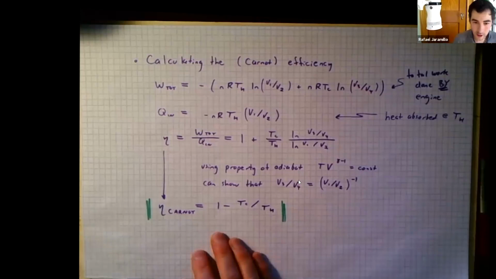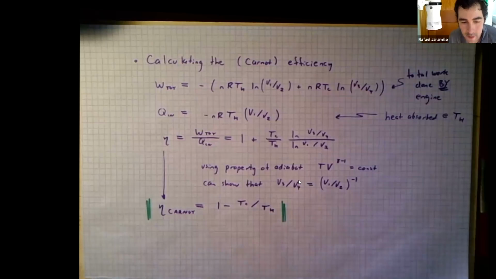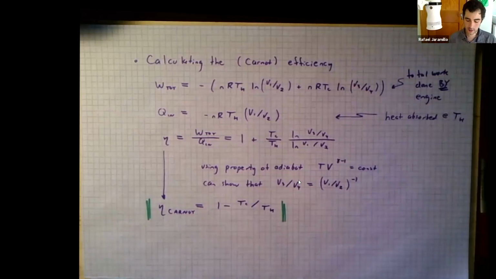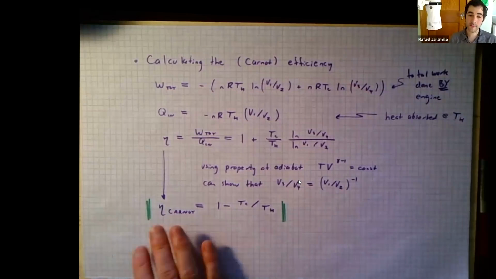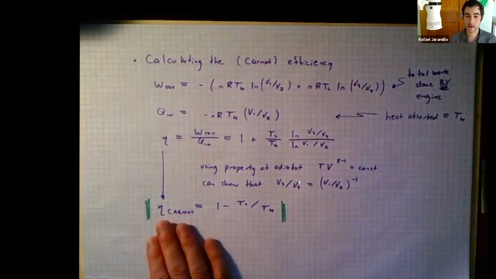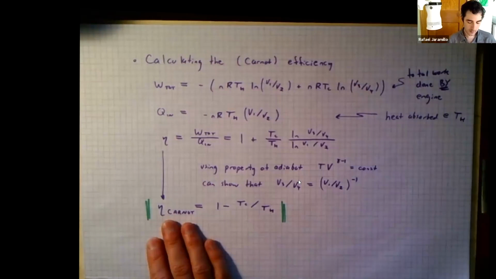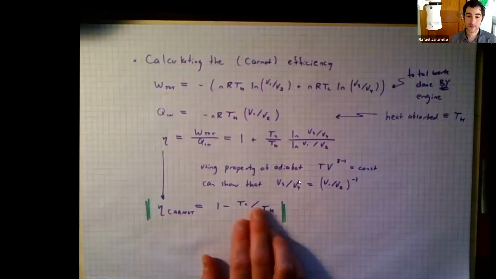Okay, so you are running a power plant. What can you do to improve the theoretical limiting efficiency of your plant? You can increase T hot and decrease T cold.